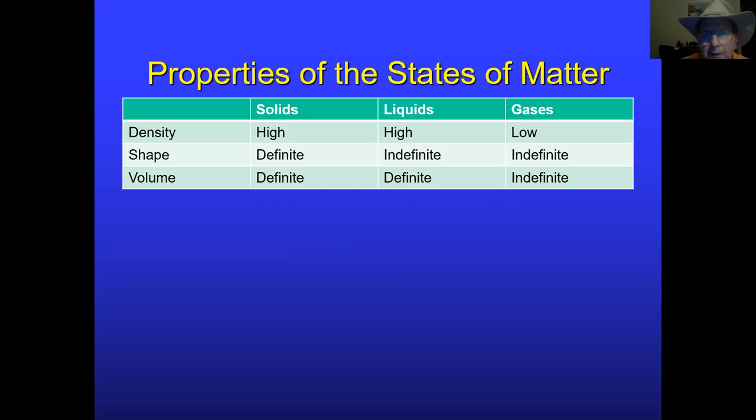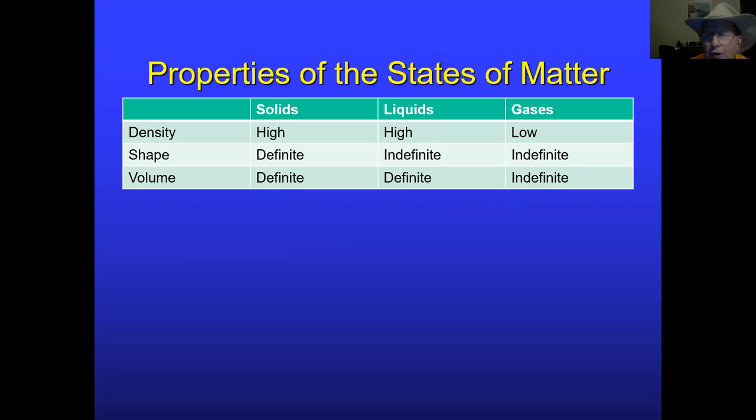The shape: in solids, you have this intermolecular attraction, so you have them set in very nice crystalline patterns. In the case of liquids, they slide across one another, which means the shape is going to vary.